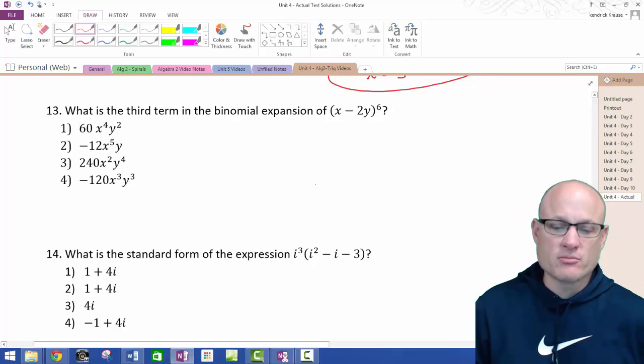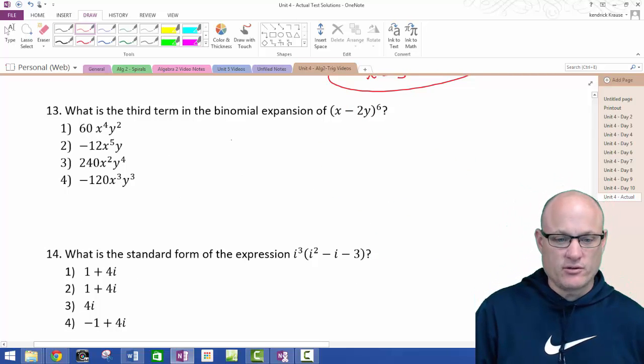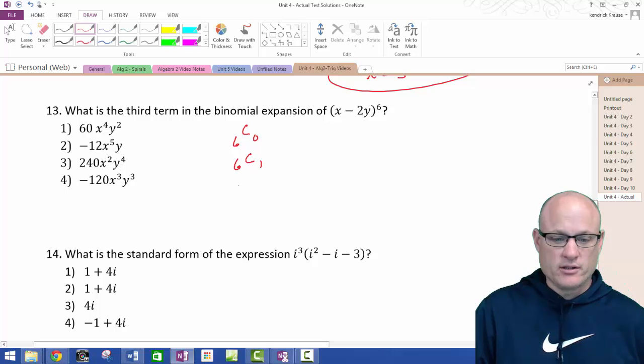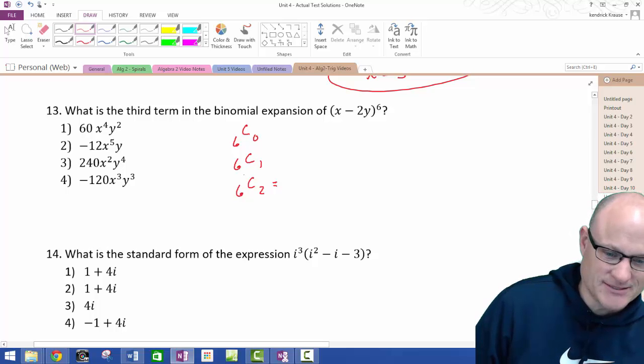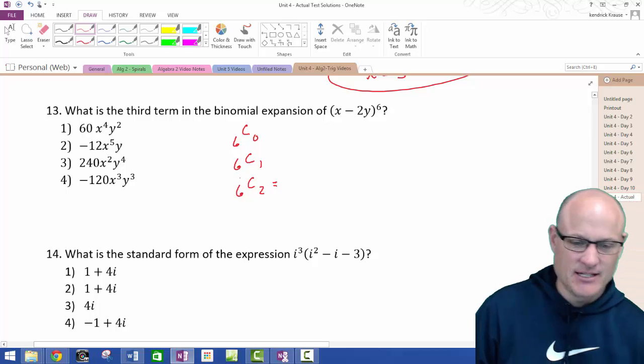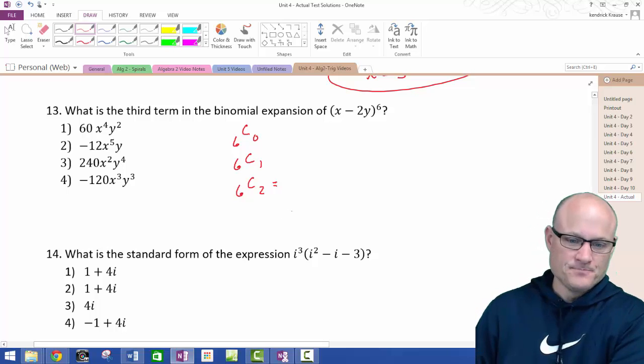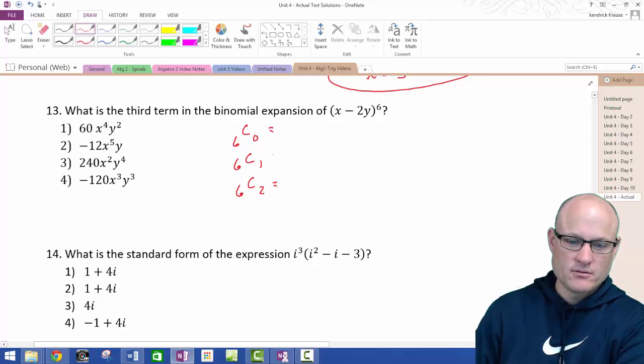Oh, the third term of the binomial expansion. Okay, so back to this. So we're going to do 6c0, 6c1, 6c2. That's the third term. Now, if I type 6c2 in my calculator, which I don't have with me, this is 1, this is 6.